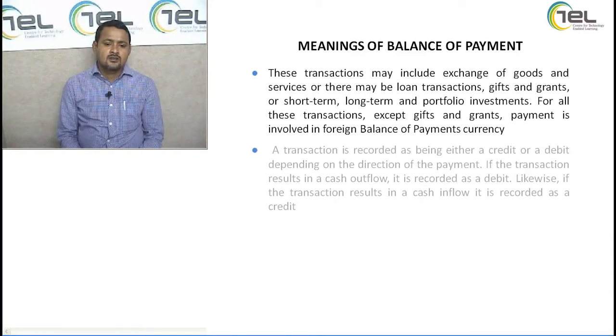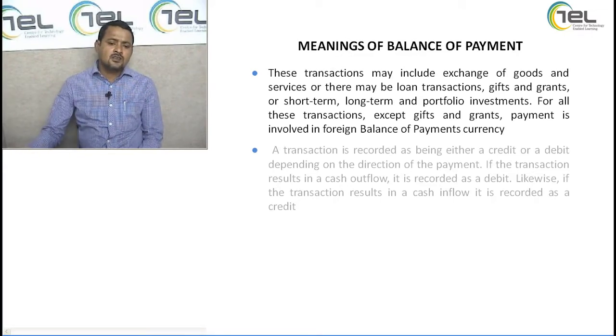That's extension of a loaning facility by one country's government to another, or short-term and long-term portfolio investments by foreign institutional investors in our country. For all these transactions except gifts and grants, payment is involved in foreign currency, which means it involves payment of foreign exchanges: dollars, liras, pounds, euros, etc.